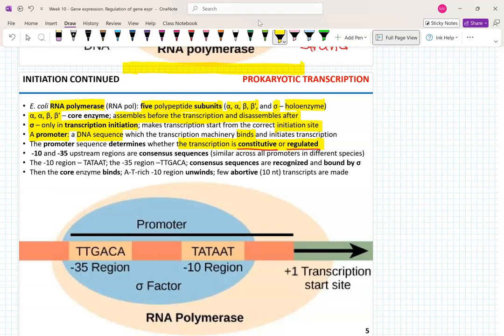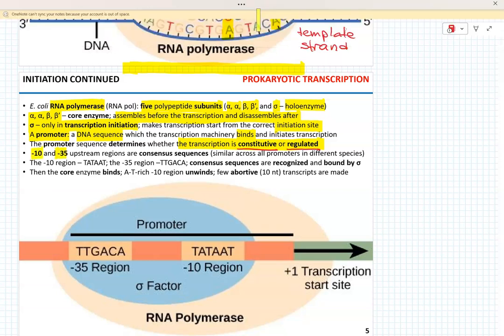Two key regions within prokaryotic promoters are -10 and -35 upstream of the transcription start site. These regions, -10 and -35, are called consensus sequences. It means that they are very similar in all promoters, in different genes and different species.